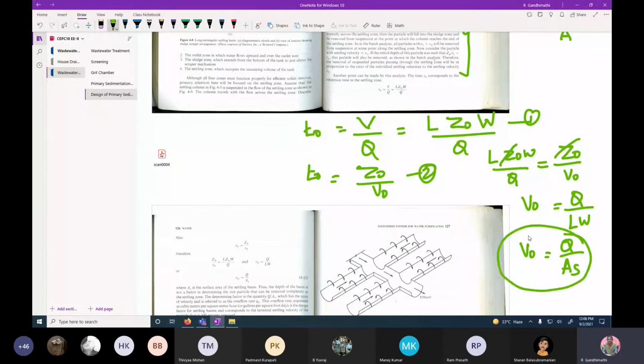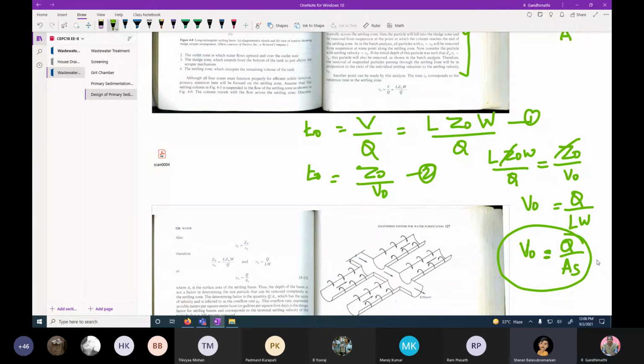That's why the depth is not considered an important criterion in a sedimentation basin. The average settling velocity that we are calculating depends on the surface area of the chamber. Therefore you have to remember that the depth is not an important criterion in the design of a sedimentation tank. Is it clear?